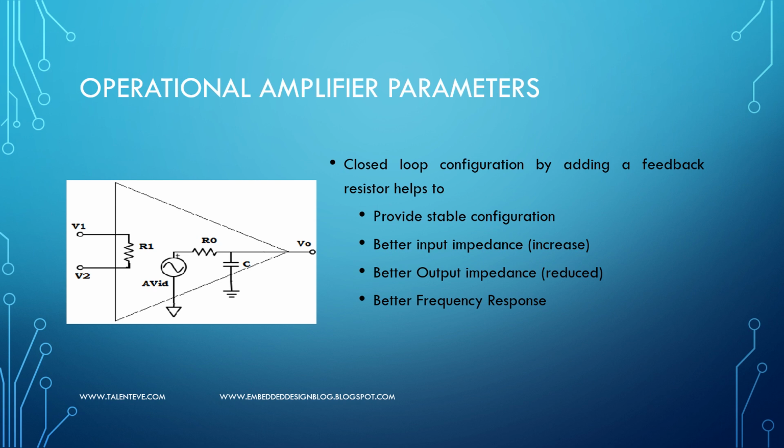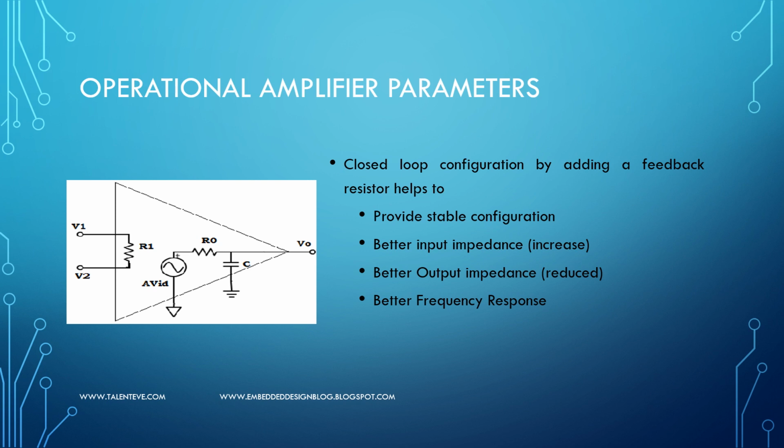Whereas if you have a very low output impedance, the operational amplifier can provide better output to the load. So considering this scenario, the feedback condition of these operational amplifiers, whether it be the increase in input impedance or the reduction in the output impedance achieved by the feedback resistor, is very good.